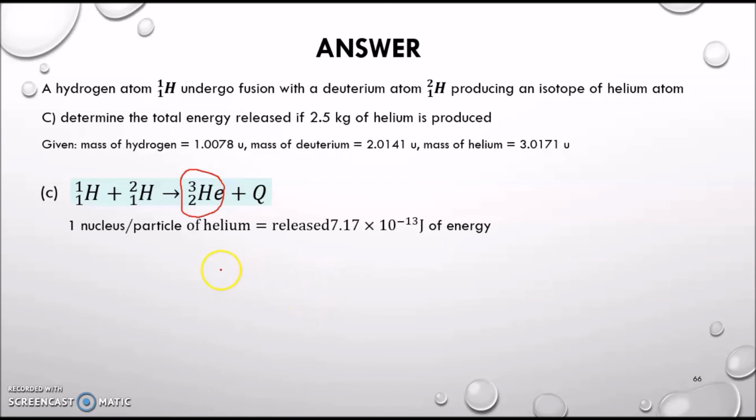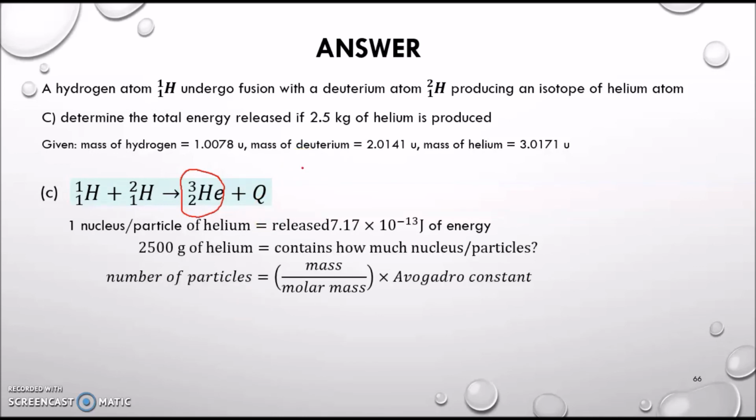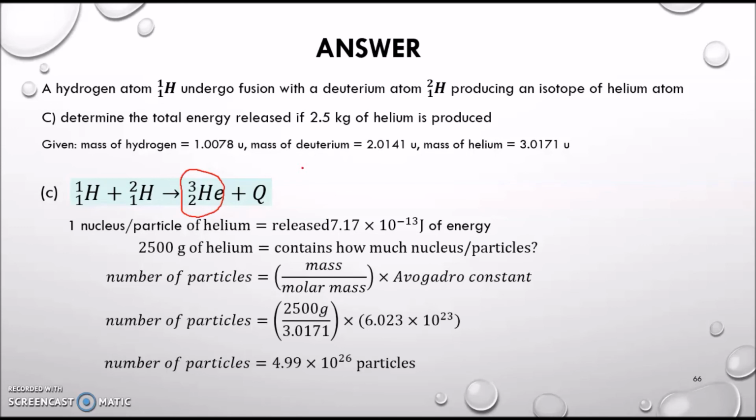What we need to do is find the number of nuclei inside 2.5 kg of helium, using mass per molar mass times the Avogadro constant. Then we will get 4.99 times 10 to the power of 26 particles in 2.5 kg of helium.